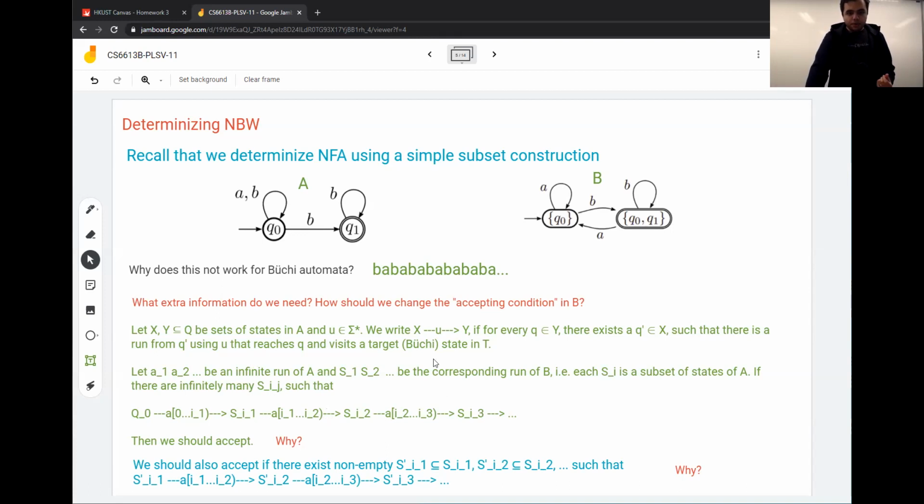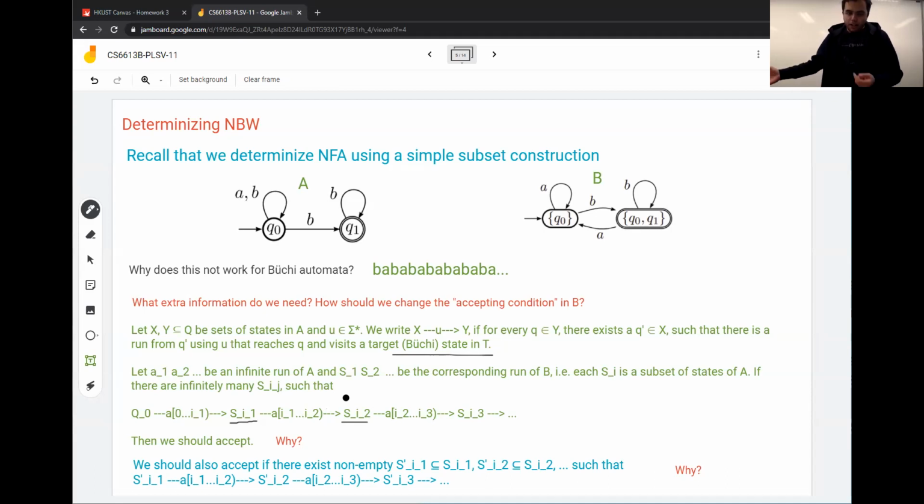And also another important point here was that in each one of these reachabilities, we were also seeing a Büchi state throughout the way, right? So somewhere along the way, I'm seeing a Büchi state. So what I can be sure of is that whenever I reach a state in Si1, I have visited my Büchi states at least once. And when I continue, whenever I reach a state in Si2, I have visited my Büchi states at least twice.